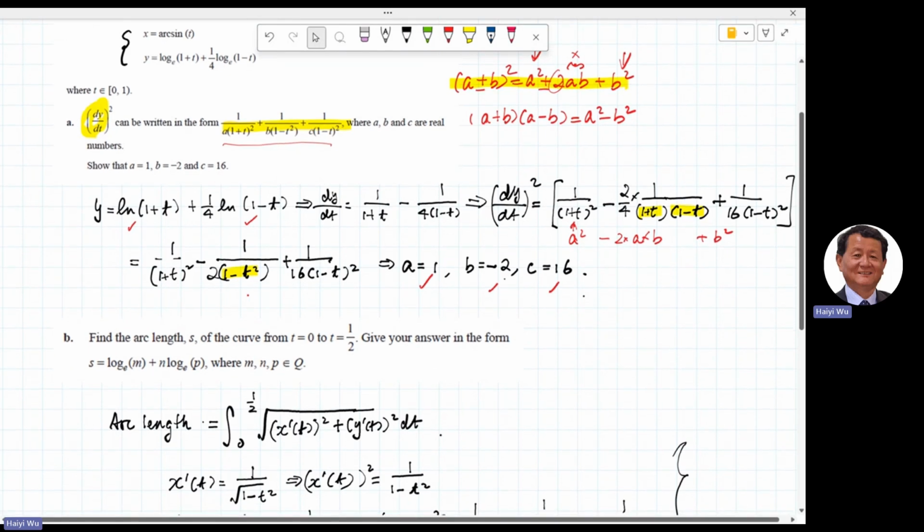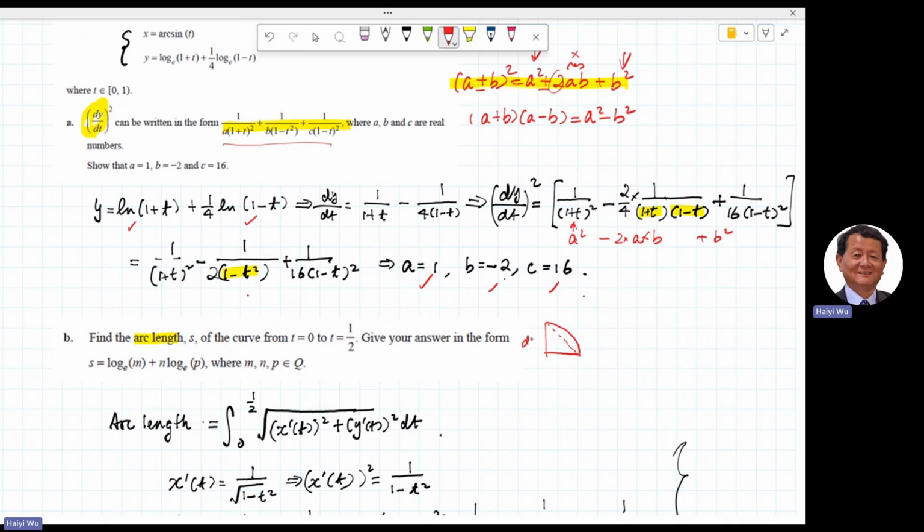Question B is we need the arc length. Now we know arc length is basically, here we have a dy and this is a dx, so this is the hypotenuse, which is the square root of dx squared plus dy squared.